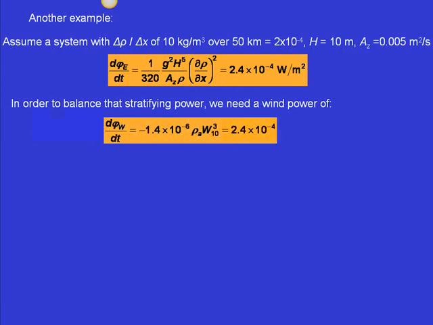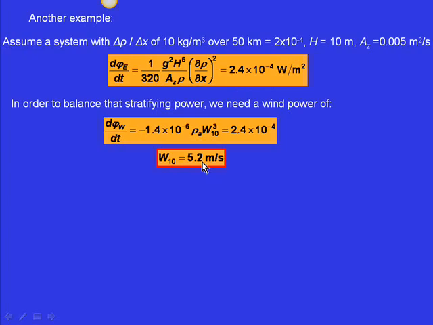So in order to balance that, how strong of a wind power do we need? We need the same wind power, which is how strong of a wind speed. So if we solve this equation for W10, we find that the wind speed required to overcome that stratifying power is 5.2 meters per second.